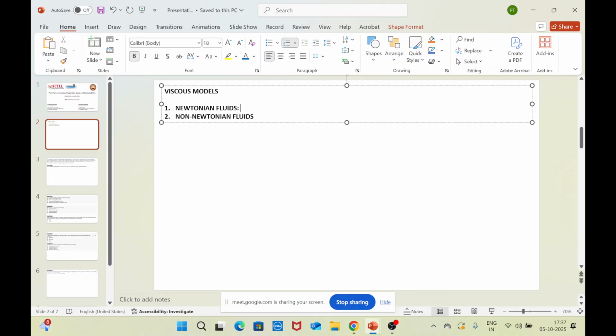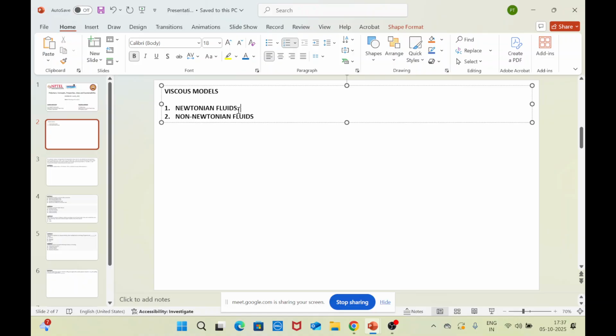Usually this viscous model conveys that the state of stress is expressed as a function of the strain rate at that particular instant, right? So the stress is defined as a function of strain rate, for a viscous fluid. In that viscous fluid, we have two categories of classification.